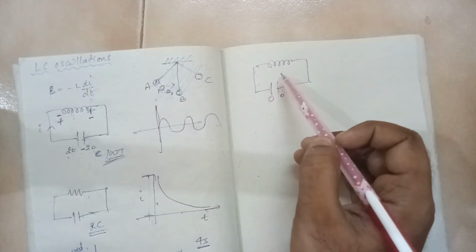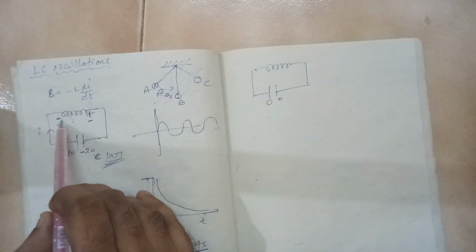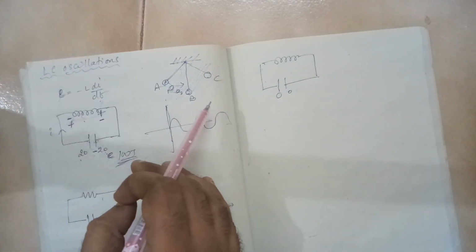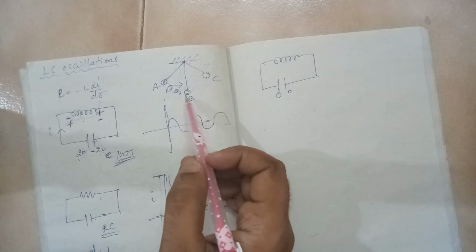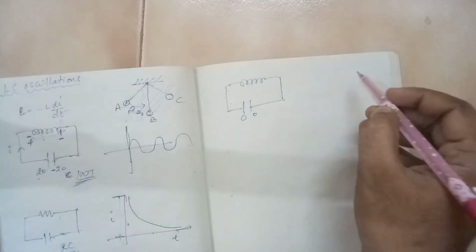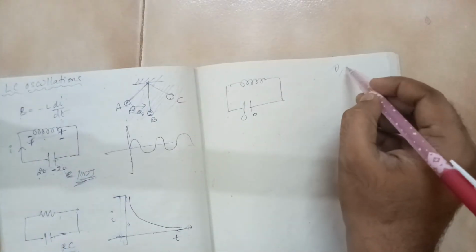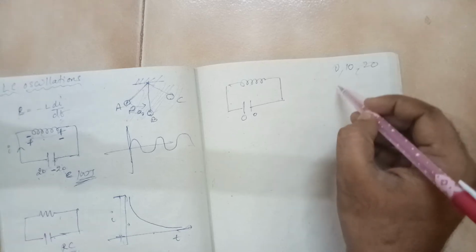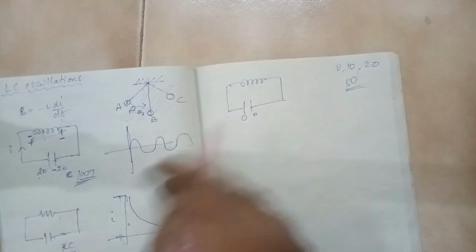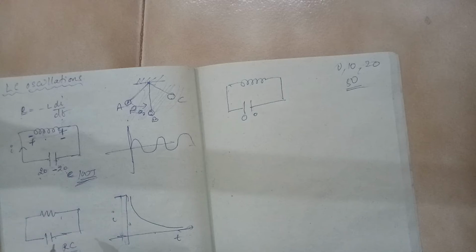Now, how do you measure the strength of the magnetic field? You will say the number of magnetic field lines. Initially the magnetic field lines will be 0, after some time 10, after some time 20. It will reach a value of 50, beyond which it cannot go.